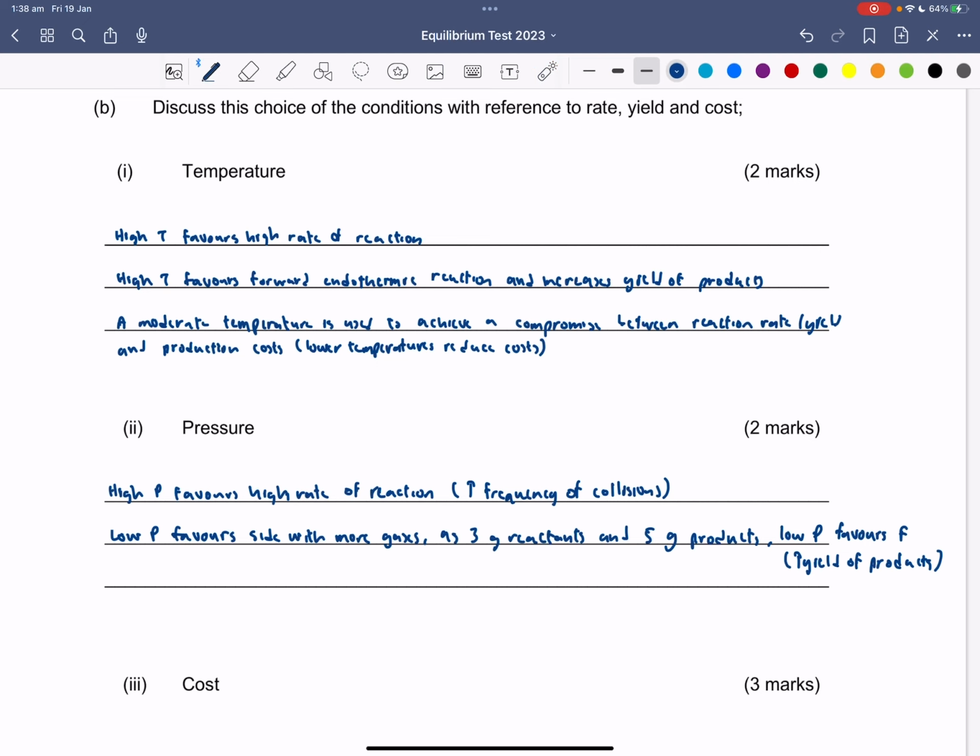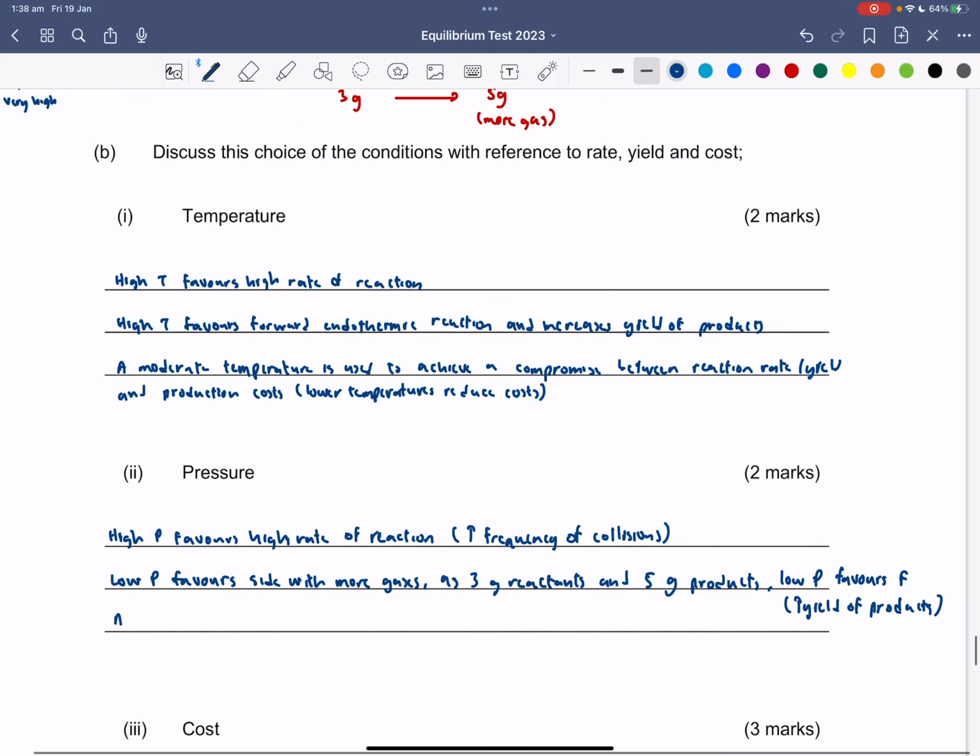So therefore, this is what we're more used to. We can explain that a moderate pressure is used to achieve a compromise between rate of production of products, what are our two products?